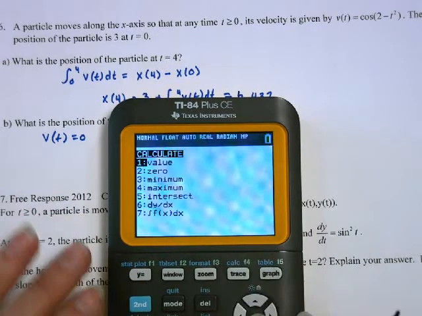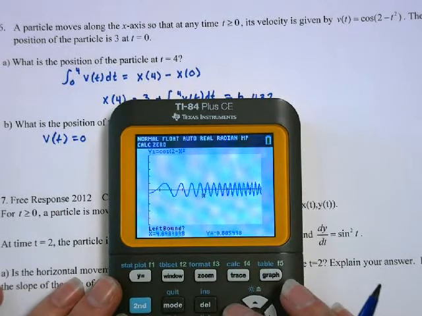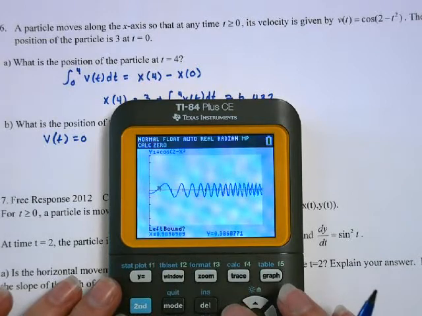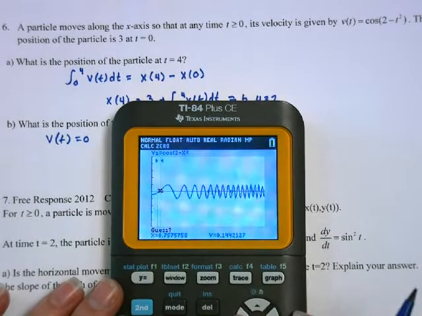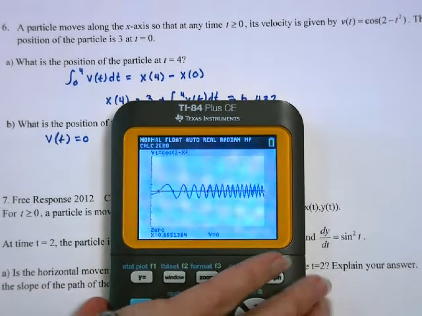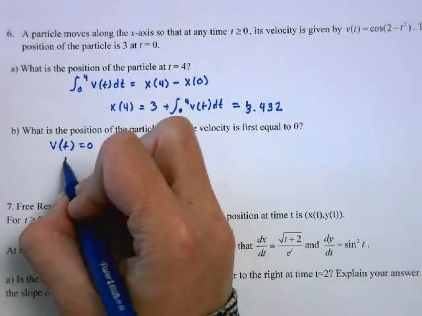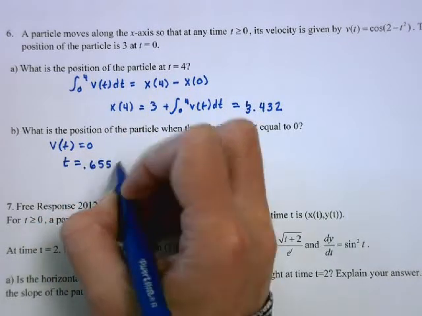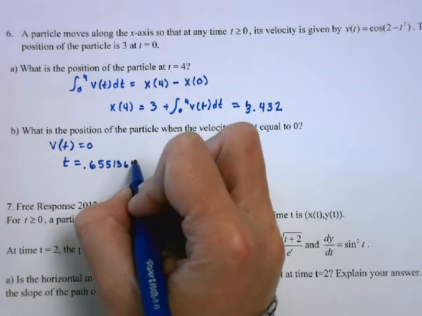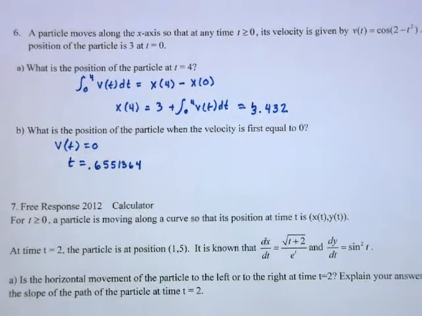So we're going to calculate the zero. Okay, so according to the calculator, when t equals 0.6551364, the velocity is 0.